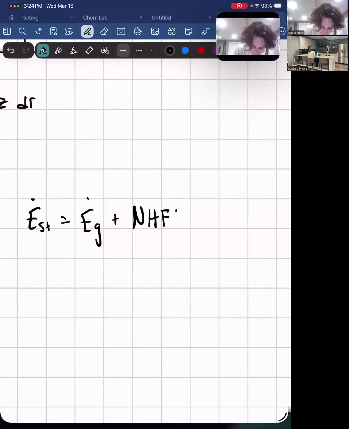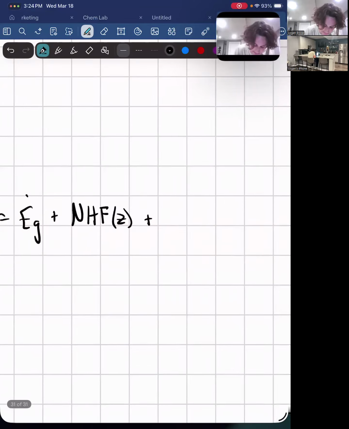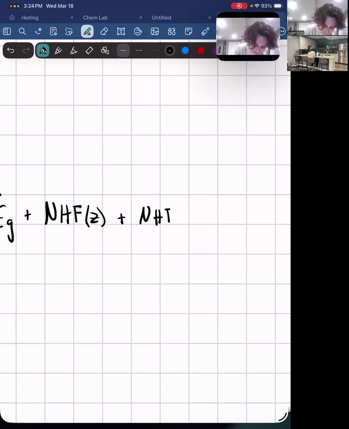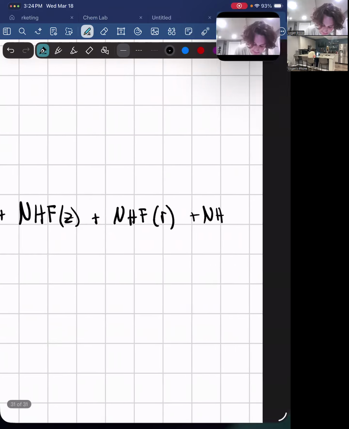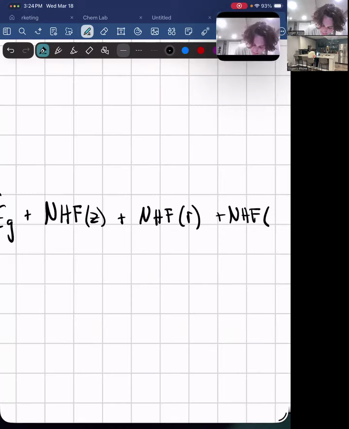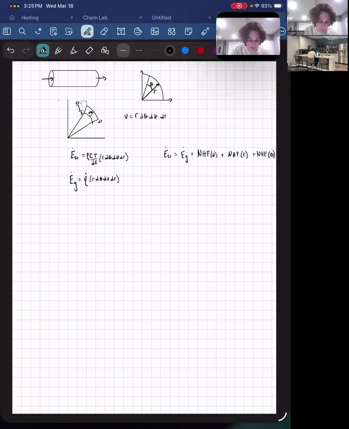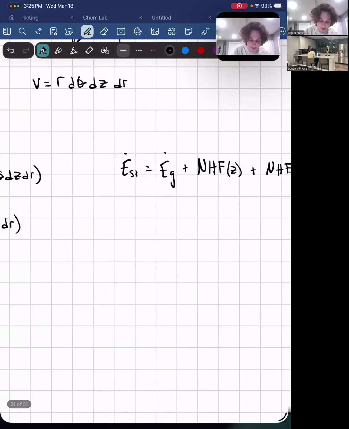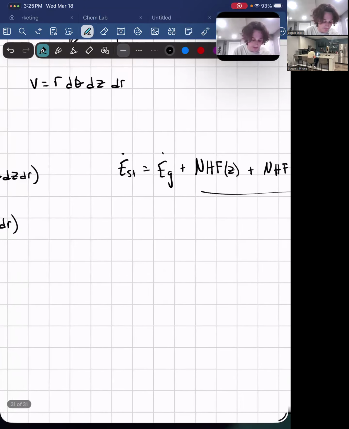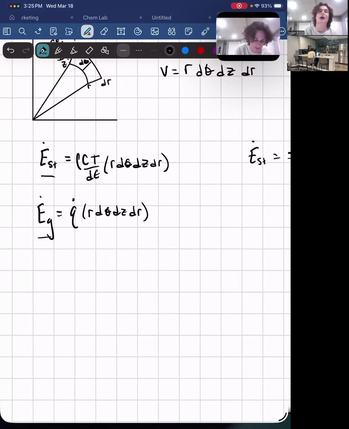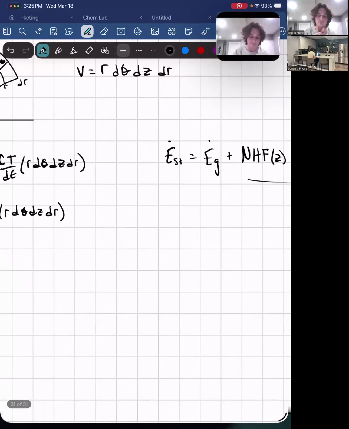So we'll have our net heat flow of z plus our net heat flow of r plus the net heat flow of theta, right? And so when we look at this, right now we do not have any of our net heat flows. We have our E storage and our E generation, right? So how do we do that?